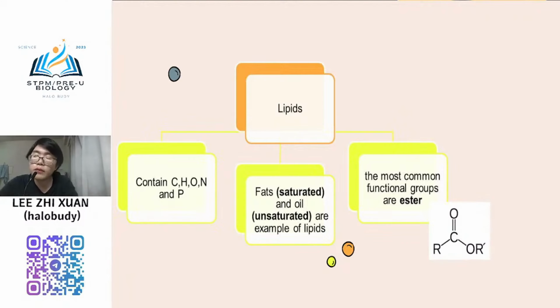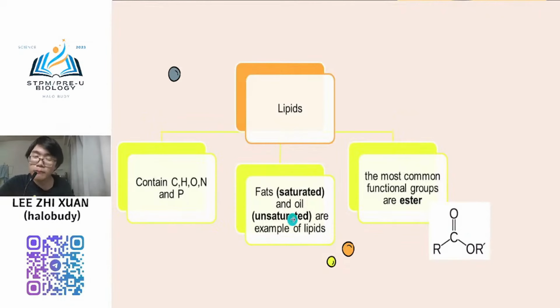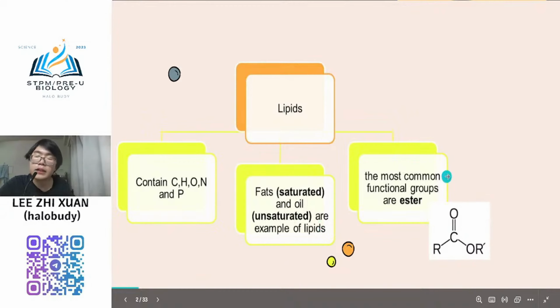So normally, if you remember about the ester, you still remember from SPM that you learned about the hydrocarbon chain, that chapter, you learned about ester, right? So ester actually is one type of lipid too. Normally lipids are classified as either saturated fat or unsaturated fat, and the common functional group is ester.